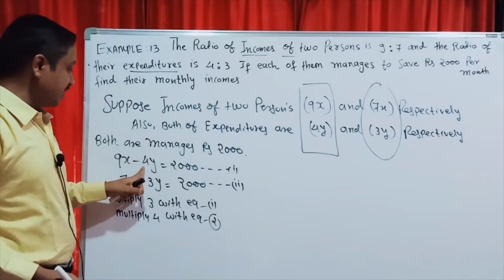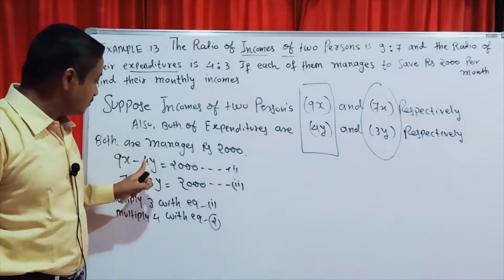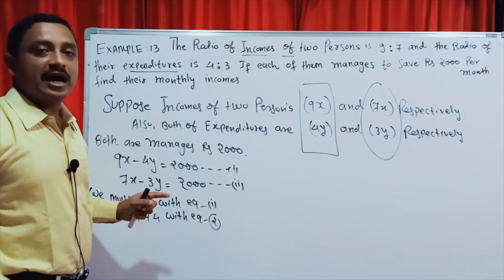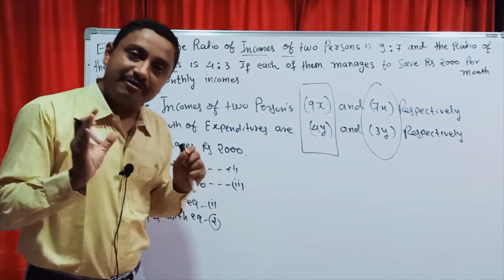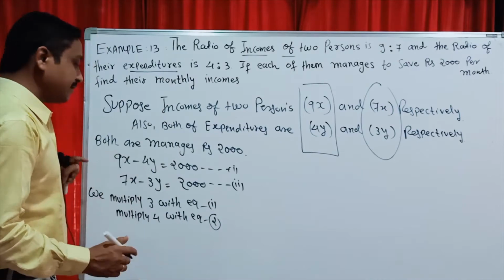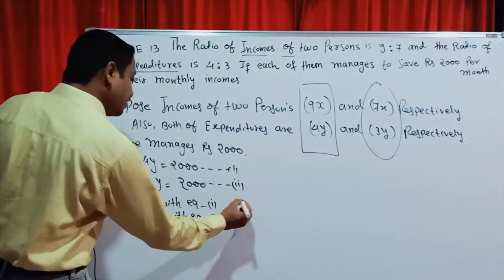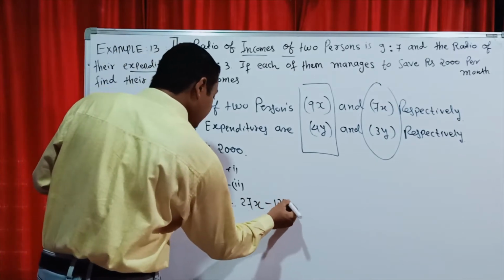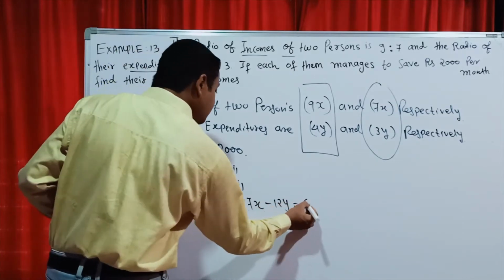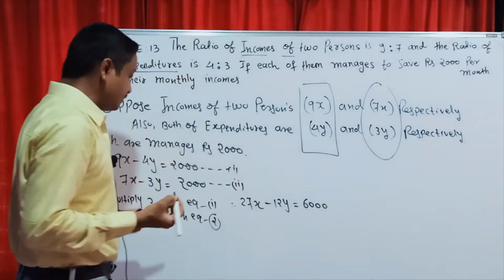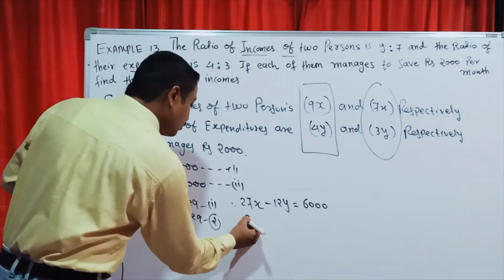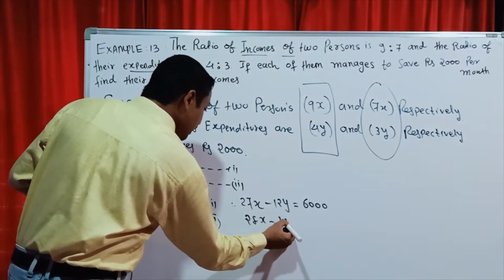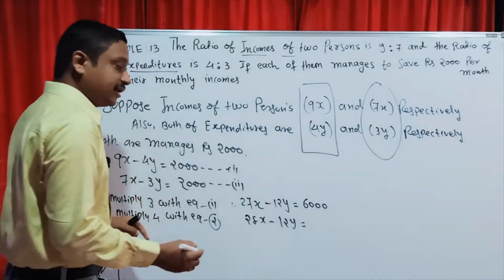I multiply 3 with the first equation because I decided y will be eliminated. So 3 times 9 is 27x, 3 times 4 is 12y, and 3 times 2000 is 6000. Similarly, 4 times 7 is 28x, 12y, and 4 times 2000 is 8000.